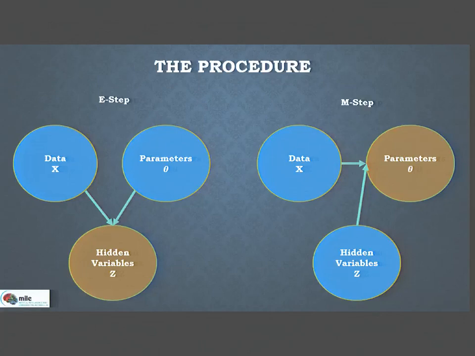You have to assume some initial parameters, and from the data and the assumed parameters you calculate the density function of this hidden variable, that is P of z given x, theta k. Okay. Then in the M step, using the hidden variable density function and the data, you calculate the parameters. So, this procedure has to be repeated again and again, and that will refine the parameters theta. Okay.